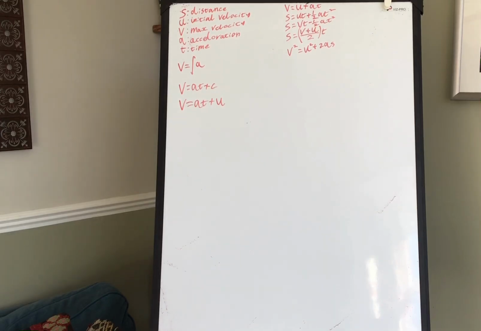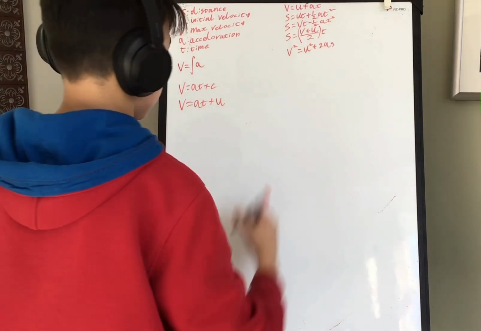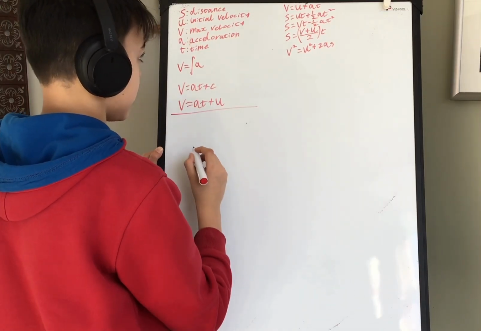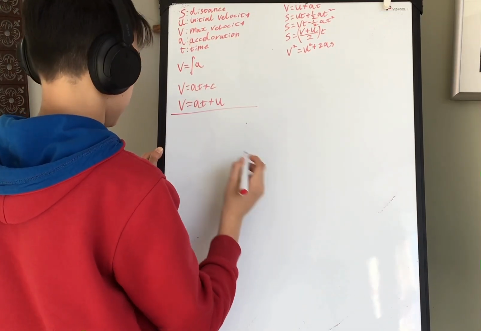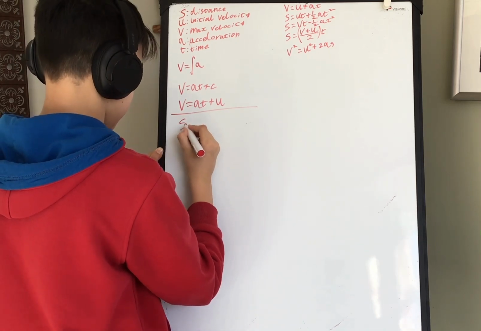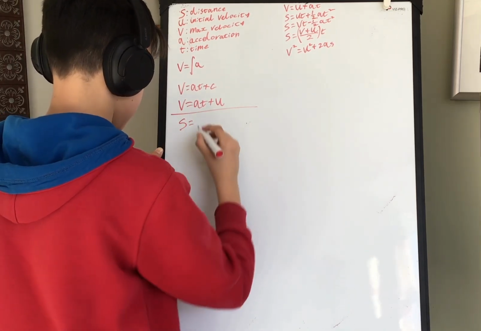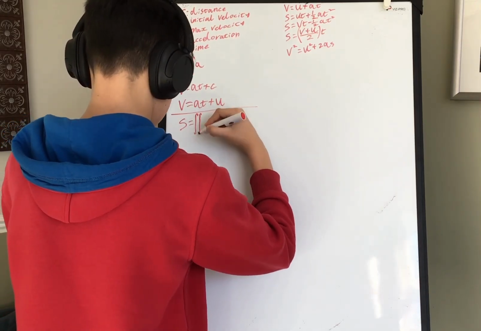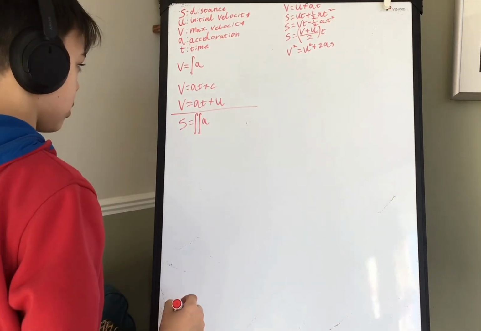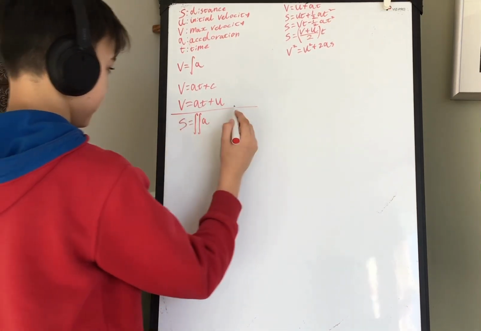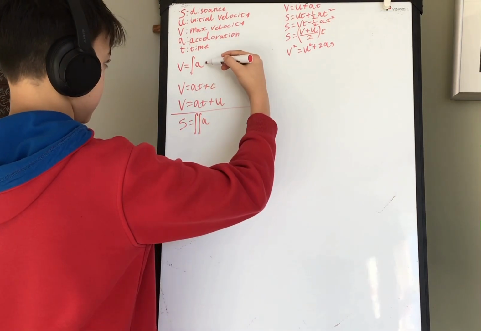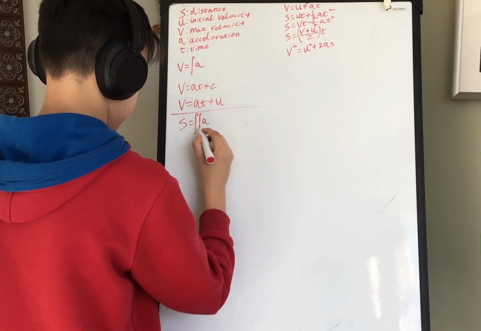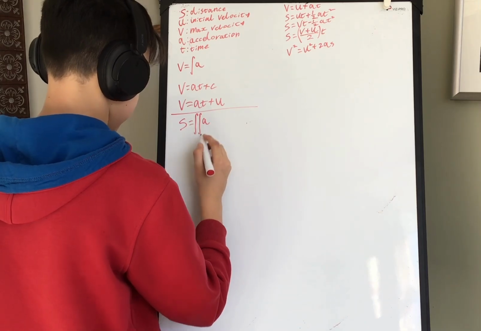So the second equation is this one. Basically what you're doing on this one is writing distance in terms of acceleration. S is the double integral of acceleration, or the integral of velocity. Now we already have this equation, which is the first integral of acceleration, so we can swap it in.